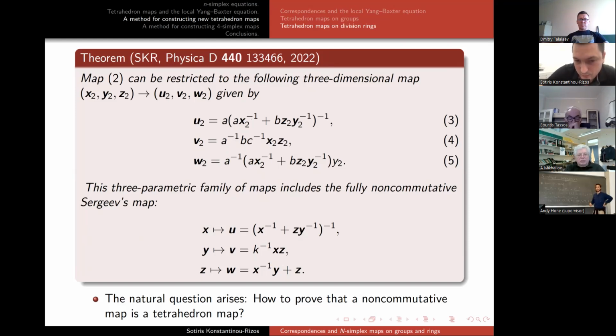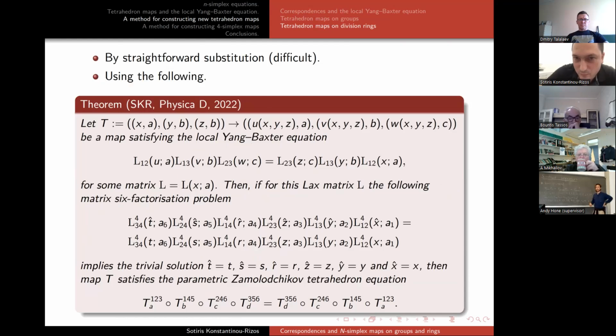Obviously, there's the natural question of how to prove that a non-commutative map is a tetrahedron map. Because in the commutative case, we just use Mathematica and we check it very easily, with straightforward substitution, but it's very difficult if you are working with non-commutative variables.